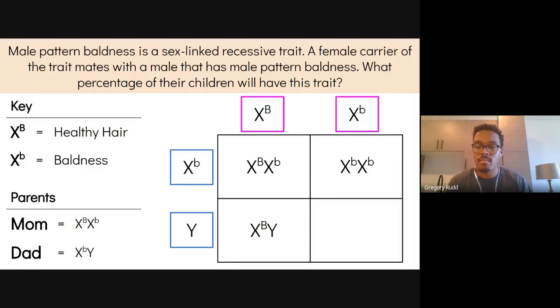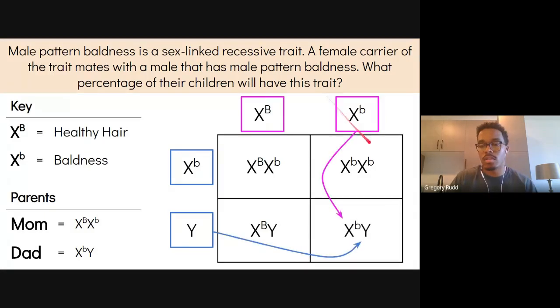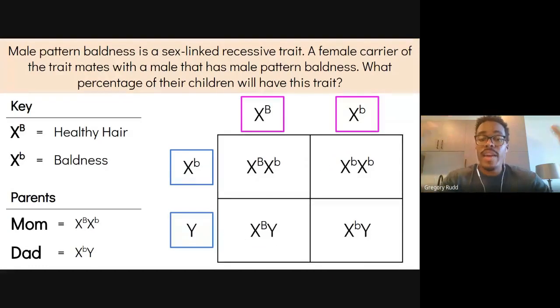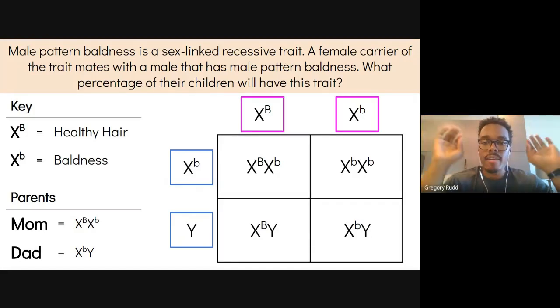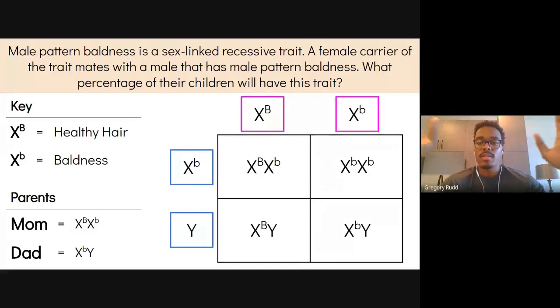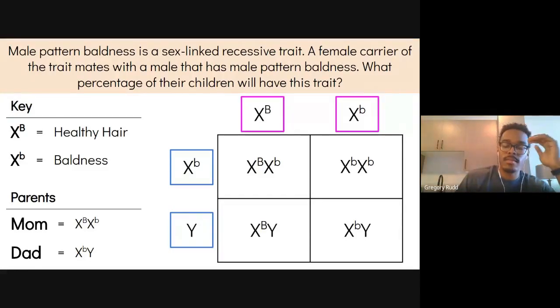Good job, Jessica. Okay, so we've got our Punnett square, but we're not done because we haven't answered the question. The question asks, what percentage of their children will have the trait for male baldness? So what percentage of the children actually are going to be struggling with baldness?